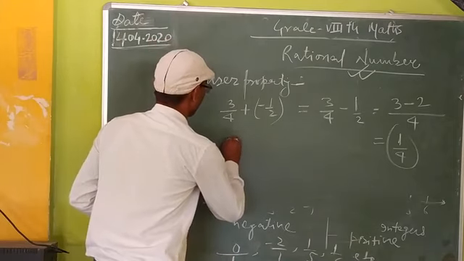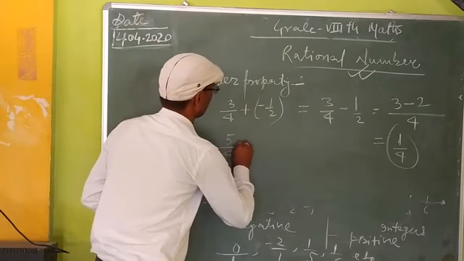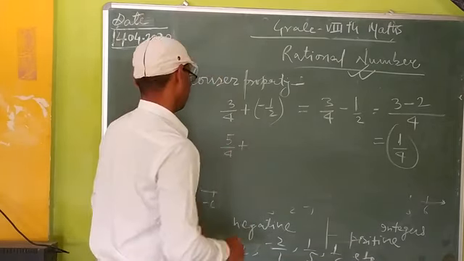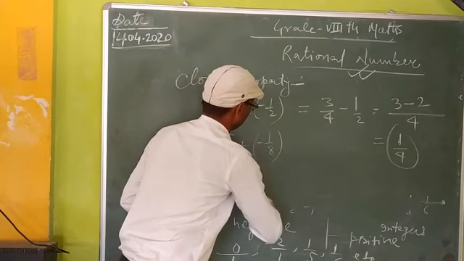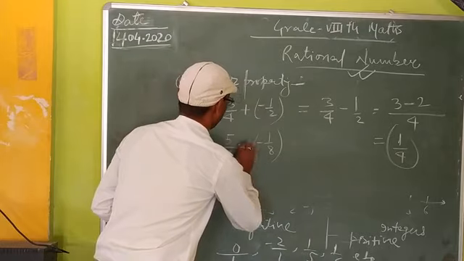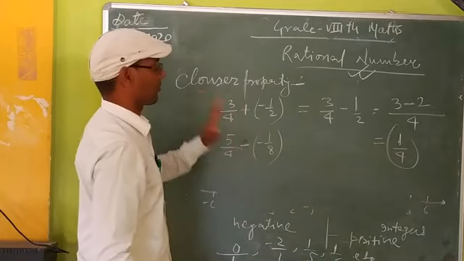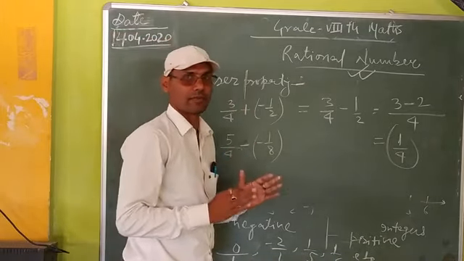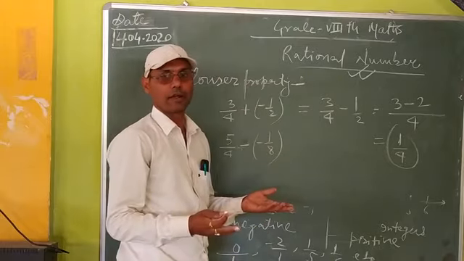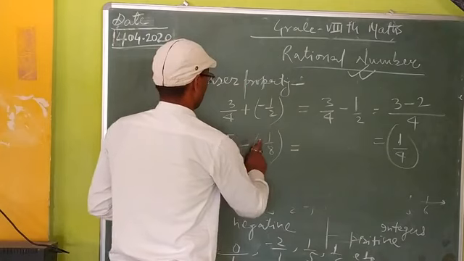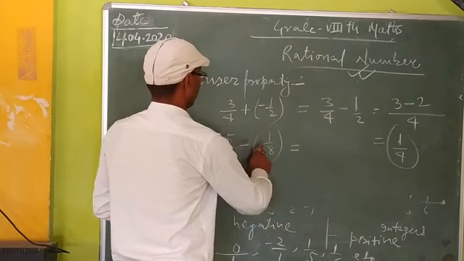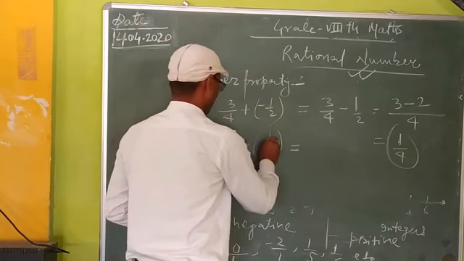Suppose 5 by 4 minus 1 by 8. Here was addition, now subtraction. Subtraction will also give a rational number. How? Here is 5 by 4 minus 1 by 8.